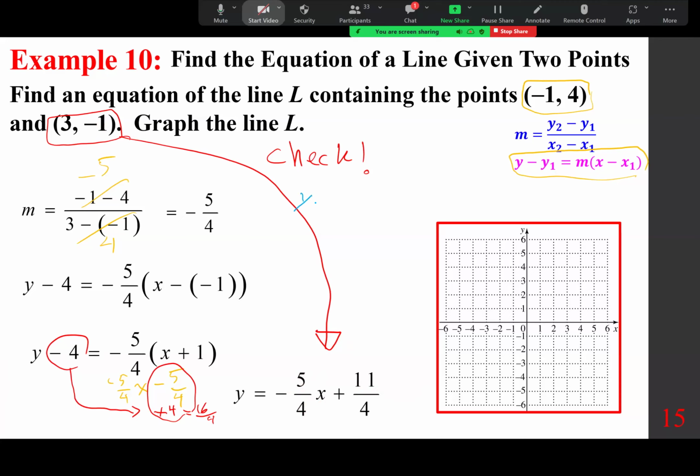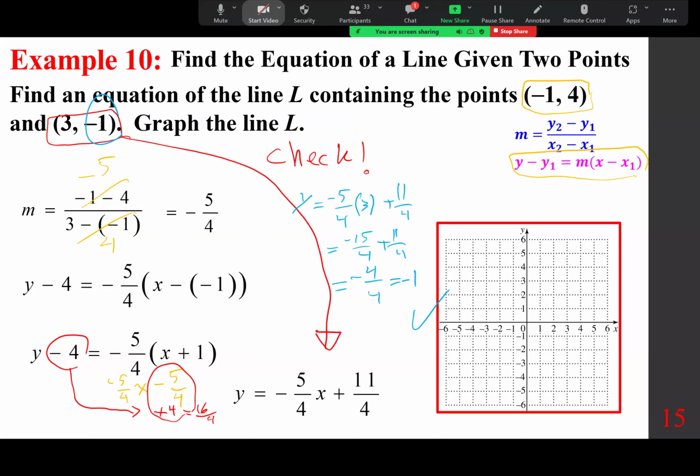So y is -5 over 4 times x, which is 3, plus 11 over 4, which is -15 over 4 plus 11 over 4, which is -4 over 4, which is -1, and it checks. See how you check it? Very simple.